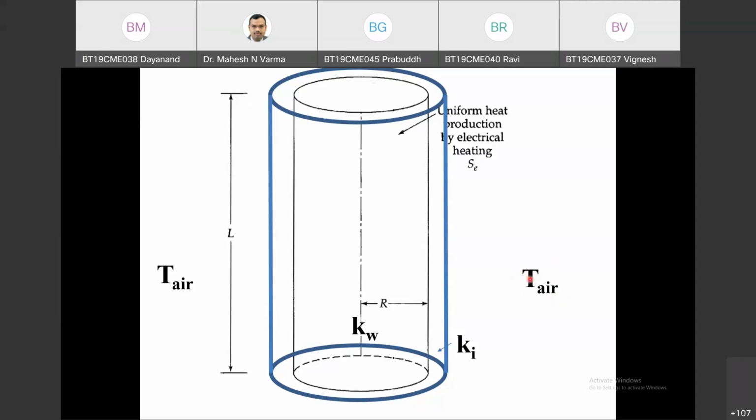This is one boundary condition. So this air temperature can be correlated with the surface temperature. Say for example, surface temperature is given. This is as good as surface temperature is given. Using Newton's law of cooling, this is as good as surface temperature is given. So what are the other 3 boundary conditions?